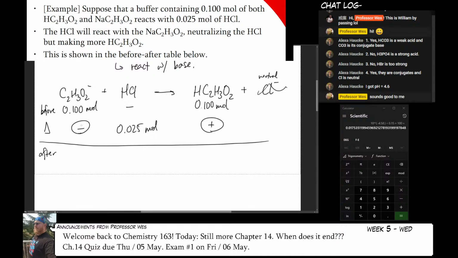So I'm going to subtract these numbers. 0.1 minus what HCl I put in there will be that. 0.1 plus whatever amount of HCl I put in there would be that. I am just subtracting this number from that and adding it to that. Because I'm adding HCl, it will react with the weak base, and the result becomes the weak acid.